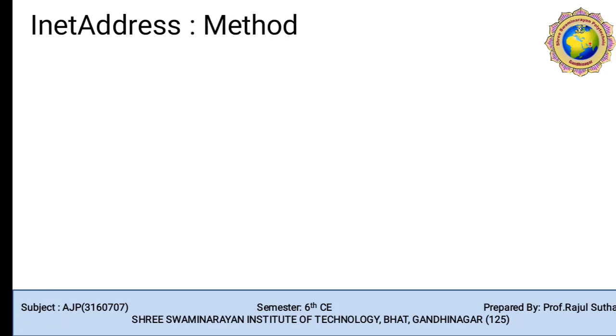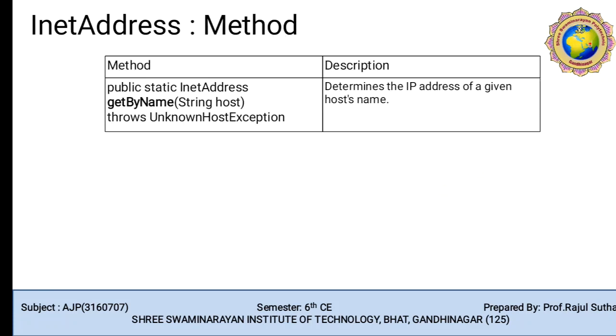Then the InetAddress methods. Which method is used? Here, public static InetAddress getByName, taking a String host, throws UnknownHostException. This is a public method, and it determines the IP address of the given host name.